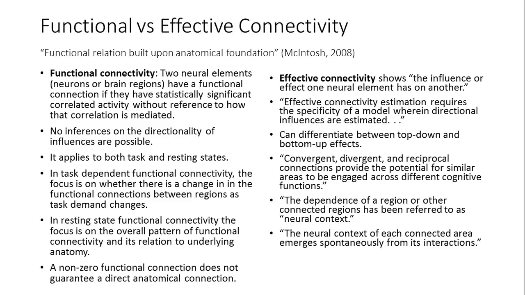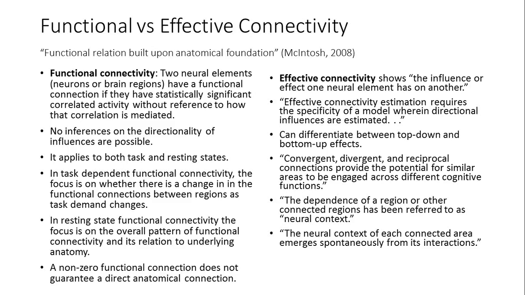So basically you're saying, okay, you have two locations, and we're looking at something like the Pearson product moment correlation of some form, some kind of correlation between two locations, and you're saying that, okay, we have some kind of connectivity, but we don't know the nature of it, and we don't know if there's another mediating influence. So we don't know the direction, how information is flowing from C3 to C4 or C4 to C3. We don't know whether it applies only to task and resting states.